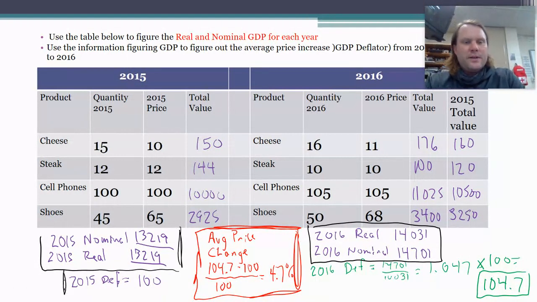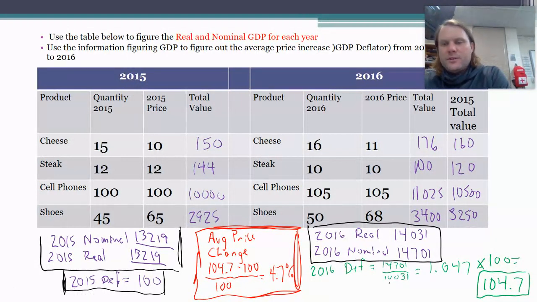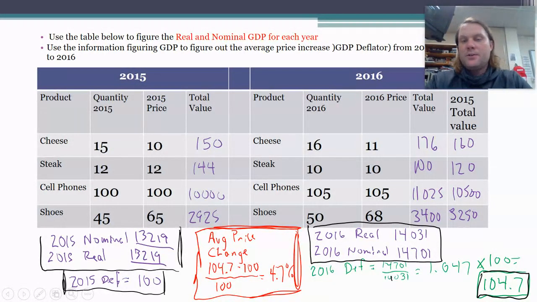My 2015 deflator, my base year, we know that's going to be 100, so I just wrote that in there. I took a shortcut. And then my 2016 deflator, remember, 14,701 divided by 14,031 equals 1.047. Times it by 100, you end up with 104.7. Really, to be honest, your work can basically stop right there.